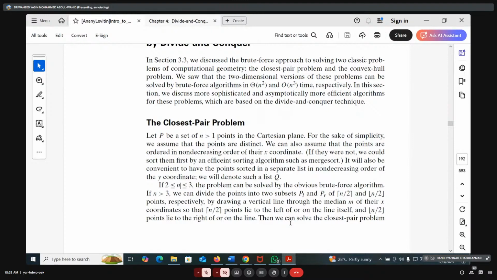So here, this is the problem. We have a vertical line, and here the right plane or on the median, or left plane on the line.